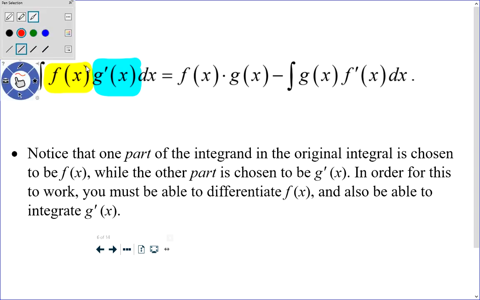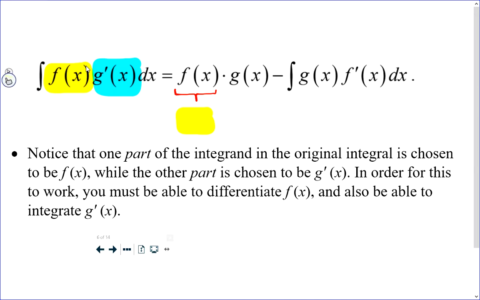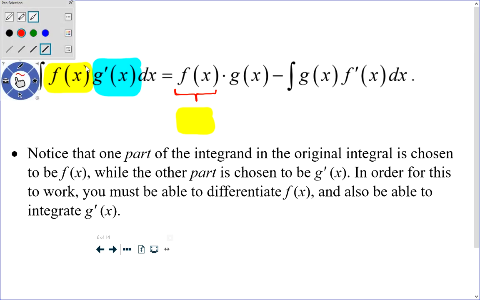Well, before we get to a specific example, I want you to notice that you have f of x here. And what f of x is, is that function that you have chosen in yellow on the left. I also want you to notice, however, that you have f prime of x on the other side. And what f prime of x is, is the derivative with respect to x of the thing that you chose as being f of x.